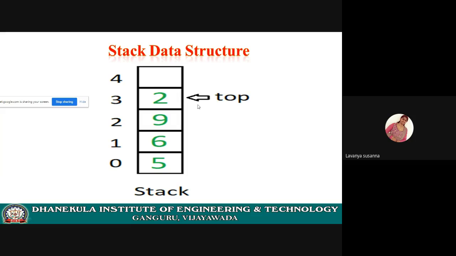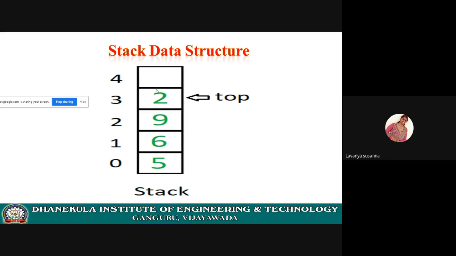Again, stack ADT means all the data of the stack and all the operations of the stack together can be viewed as stack ADT. ADT is nothing but data and operations. Remember that: data plus operations bundled under a name.